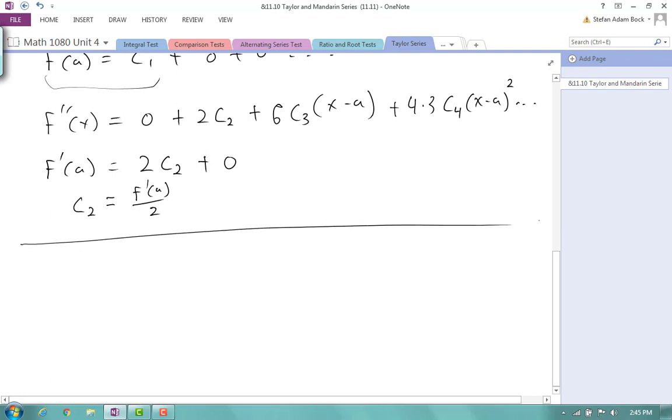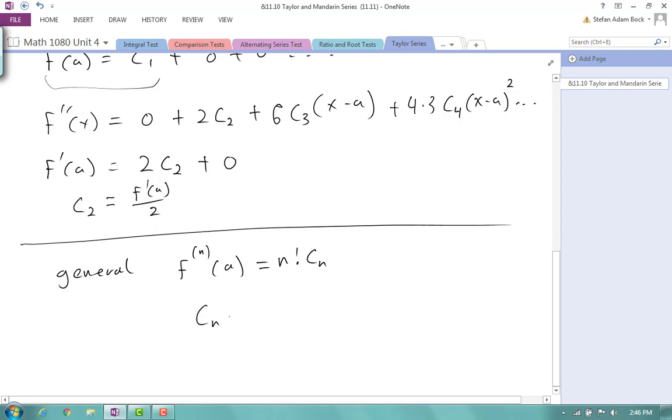And if I proceed with this pattern, I'm going to find out in general, after I take all the derivatives, that the nth derivative, f^(n) of a, will end up being equal to n factorial times c sub n.